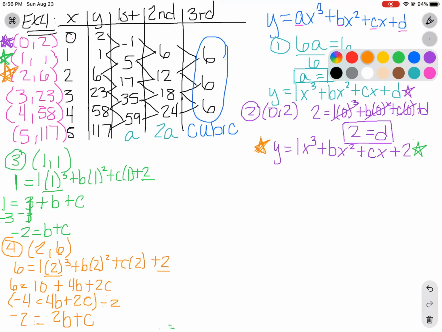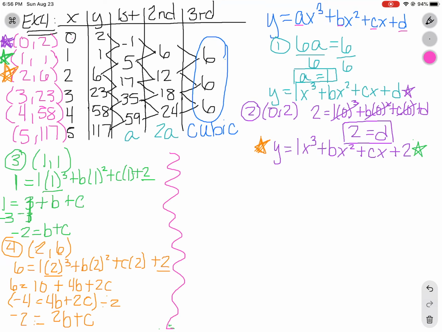I'm going to change colors again. So now we're on to probably, I wouldn't say the hardest step, but probably the one that's going to give you guys the most struggle, because we need to solve this equation and this equation simultaneously. So for step number 5, we've got negative 2 equals b plus c, and negative 2 equals 2b plus c.